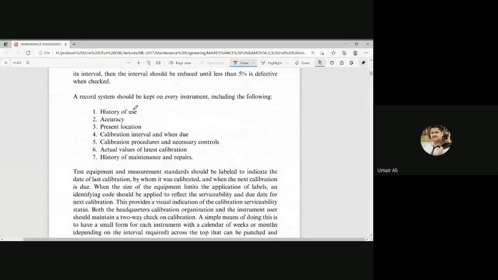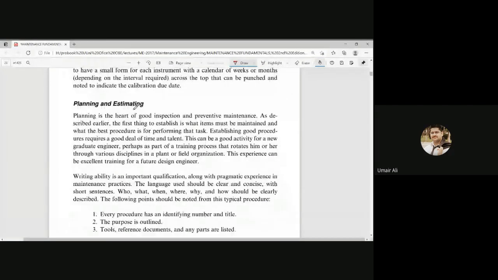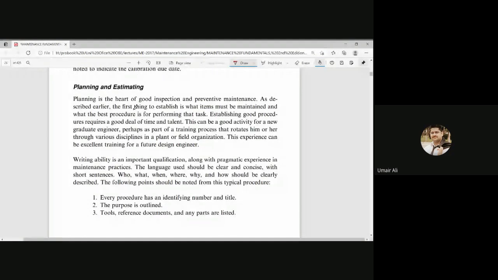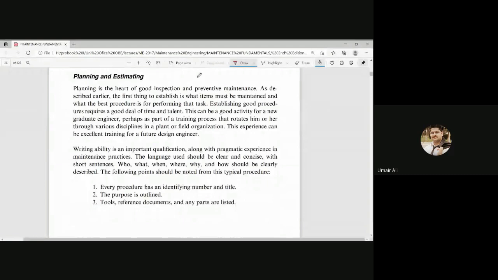And so today we will study planning and estimating. Since all of these lectures are in a chain within the book, it's easy for you to access it. And even if I skip something by mistake in my lecture, you can revisit the book and get whatever you are looking for.